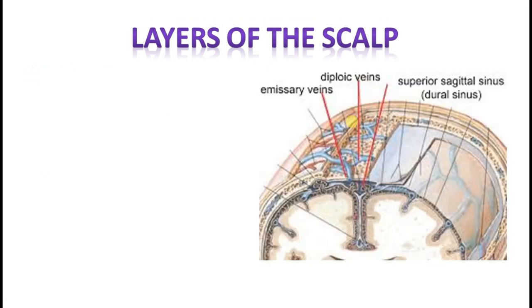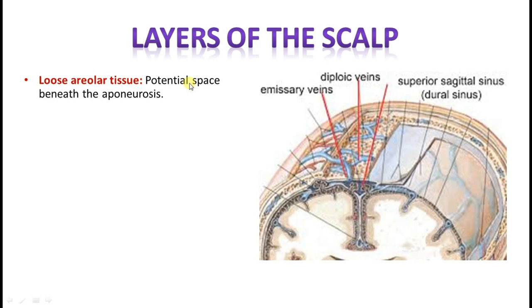The next layer of the scalp is the layer of loose areolar tissue. It is actually a potential space, because the first three layers, that is your skin, your connective tissue, and the galea aponeurotica, are adherent to each other as a single layer. But below that, you have the potential layer.